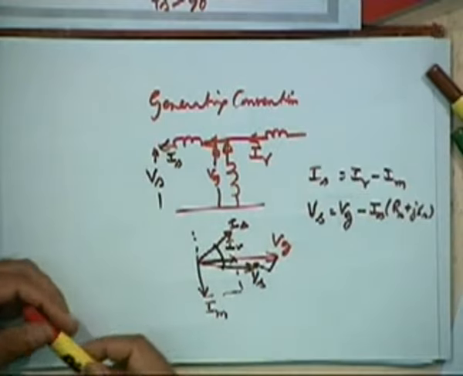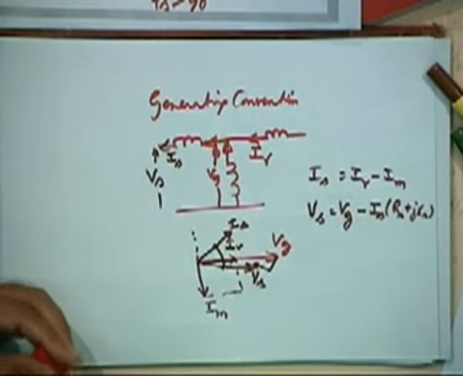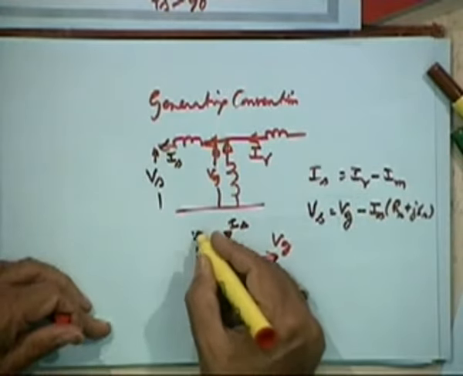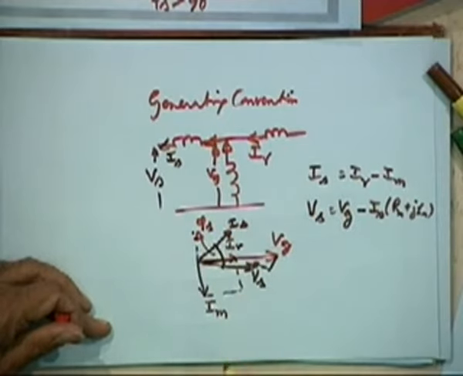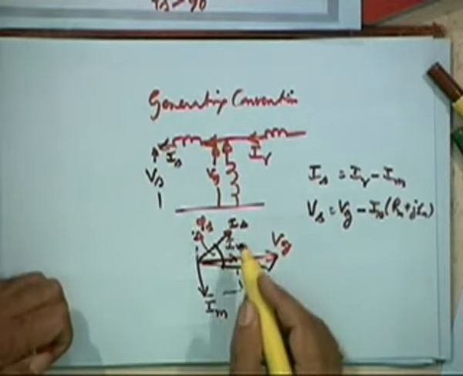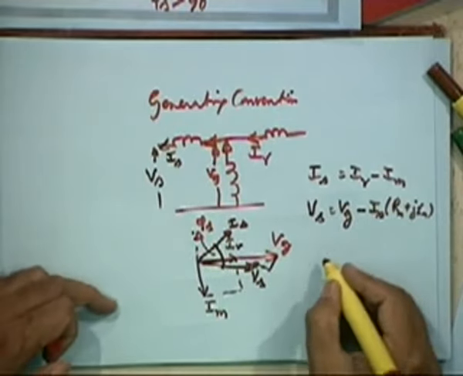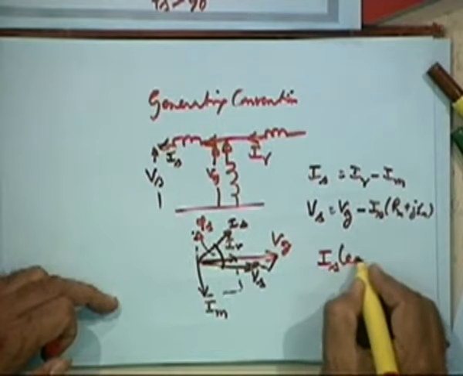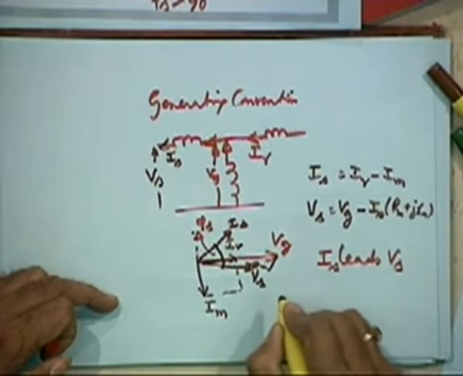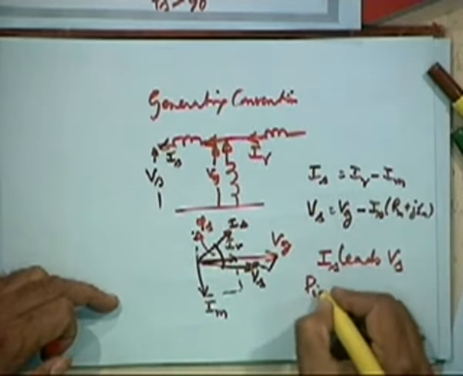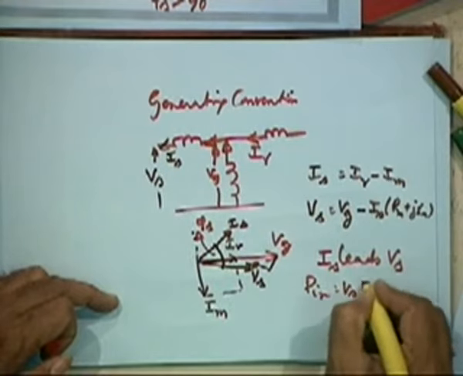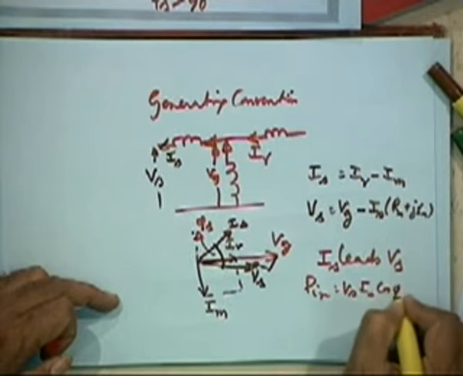What was earlier, 180 minus the earlier phi s. So this will be your phi s. And here you will notice that IS leads Vs. So here power input again will be Vs IS cos phi s.